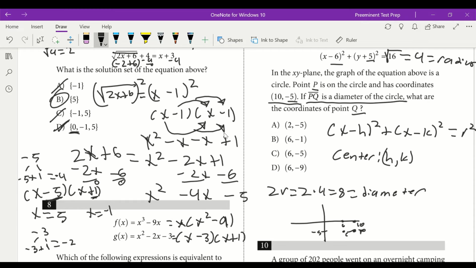We know that we pass through our center, and we know our distance from 10 to 6 is 4. Our y doesn't change, so our total distance traveled so far is 4. Well, we have to travel another 4 because our diameter is 8, so another 4 from 6 is 2. So we already know now that our x point has to be 2 and our y point has to be negative 5. So our answer will be A. And I'll go ahead and label that as point Q down here.